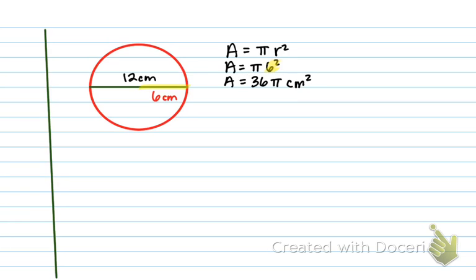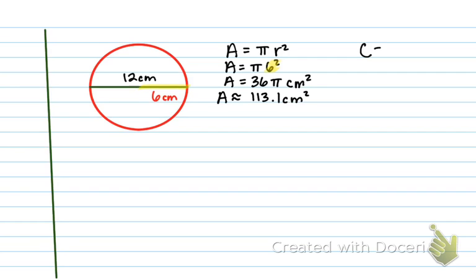If you want an approximate answer, we can put A is approximately 36 times pi, or 113.1 centimeters squared. Remember, I'll accept both of them as long as you put the correct symbol in front. This is an equal sign. This is an approximately sign.